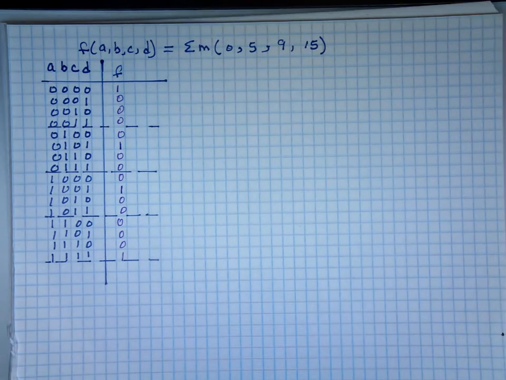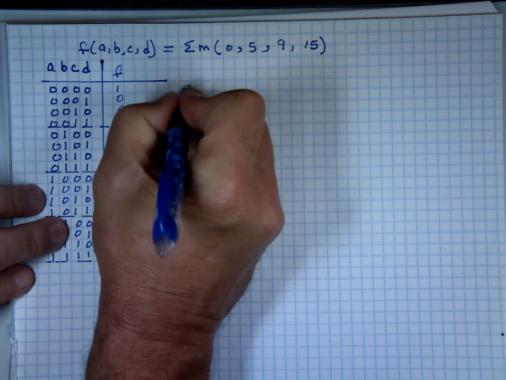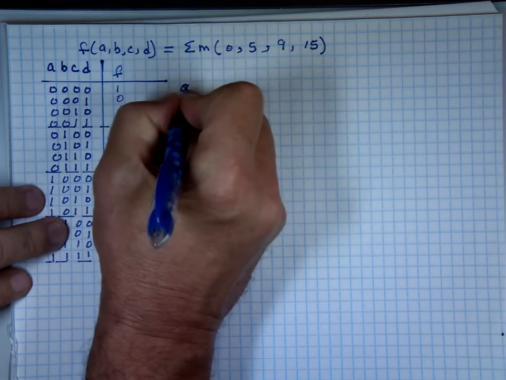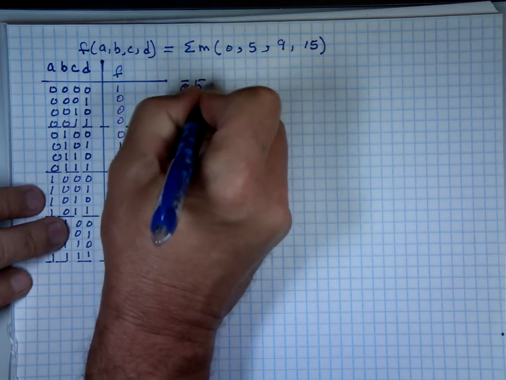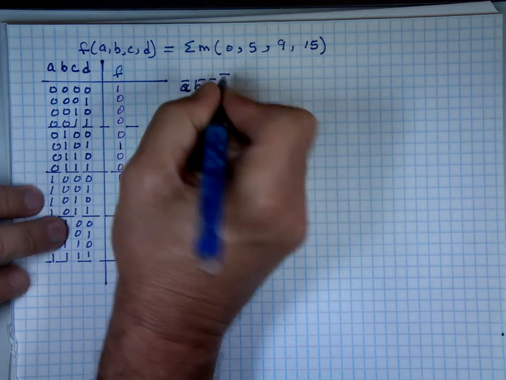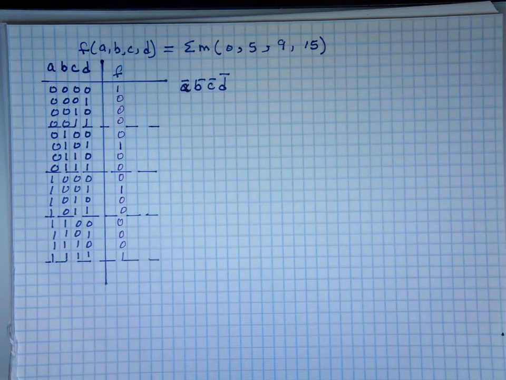So the minterm for the first one, when you write that, since they're all 0, is going to be what? I'm using A bar, B bar, C bar, D bar. You want an AND gate with all the inputs complemented.